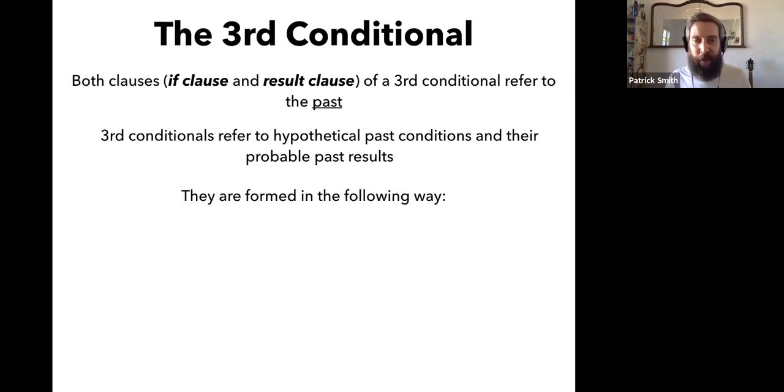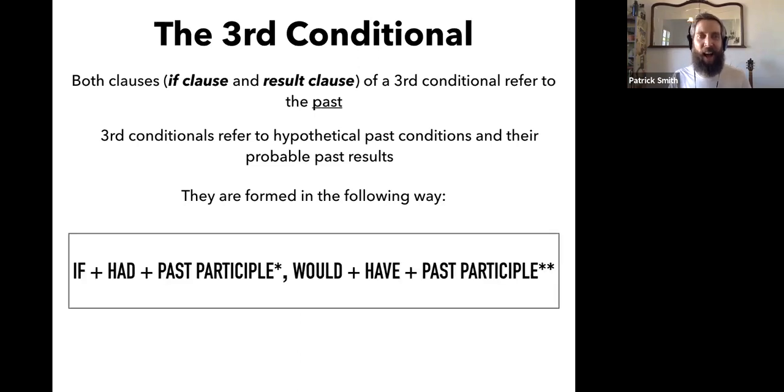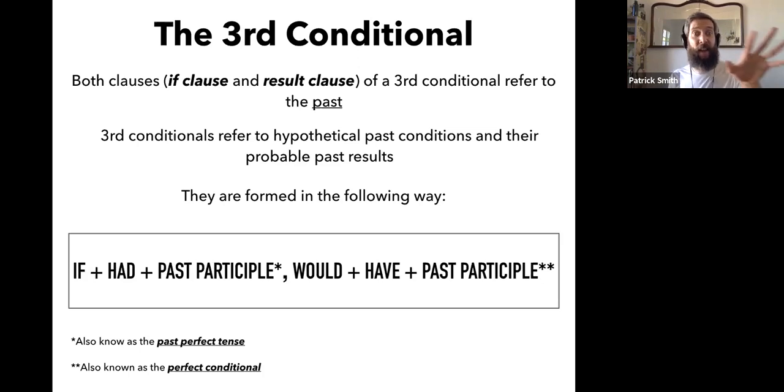So, third conditionals are formed in the following way. So this is the boring part, the grammar. We've got if with a had and then a past participle. That's what we call the past perfect tense. Had gone, had been, had looked, had eaten, had watched, etc., etc. And then we have what we call the perfect conditional.